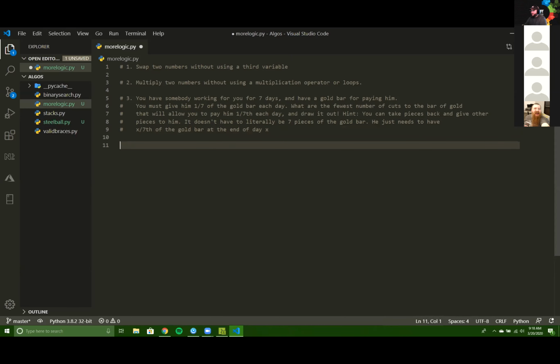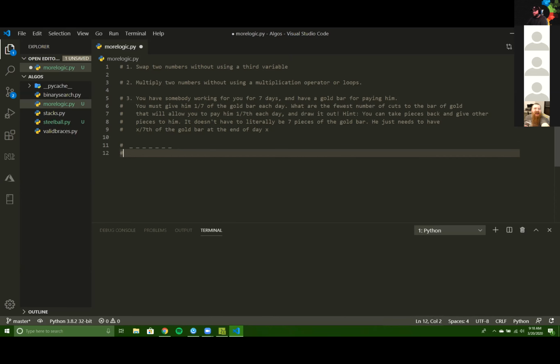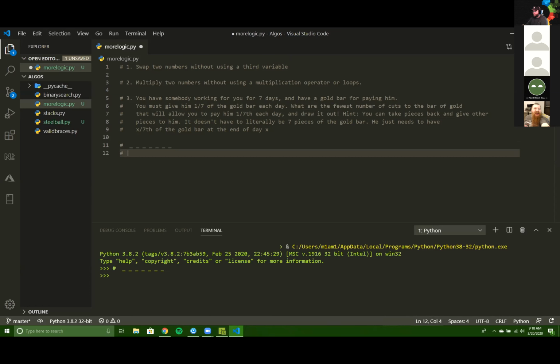So think of it as the gold bar looks like this. Oh, right, you said it was segmented. I forgot. Okay. The gold bar looks like that.